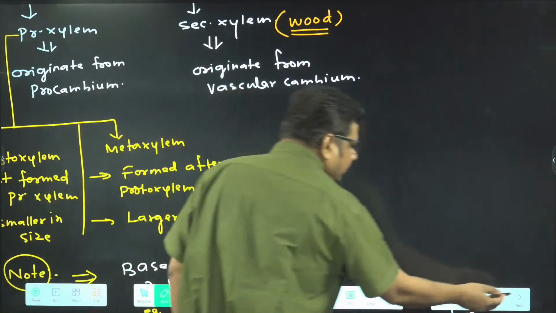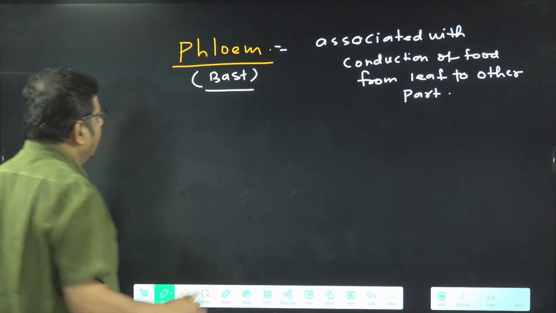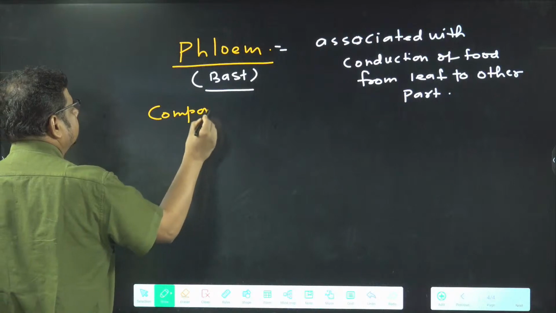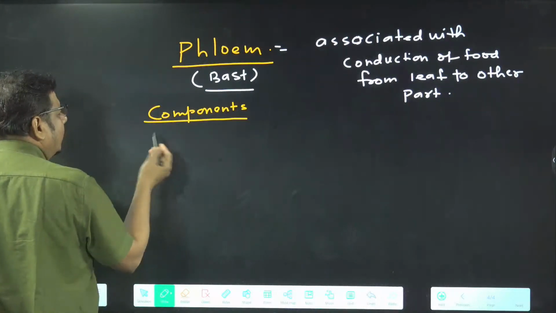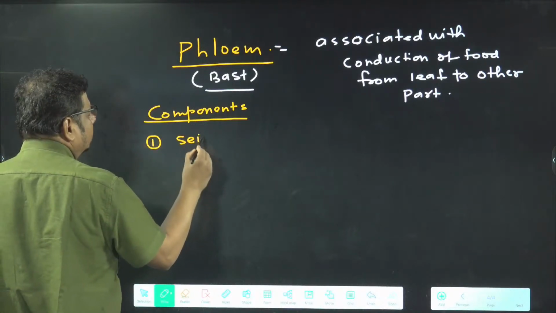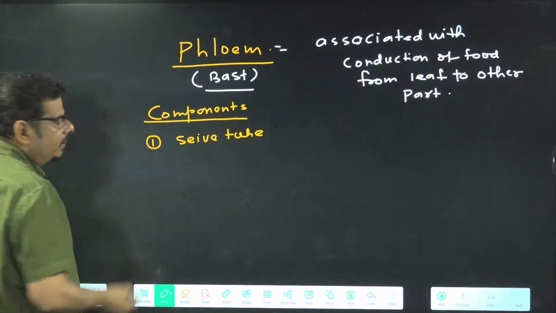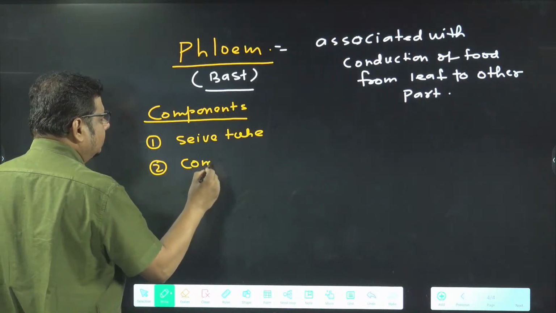Now I am coming to the next slide. So phloem is basically bast. Now, components of phloem. Here also we find four types of components. One is sieve tube. Second is companion cell.